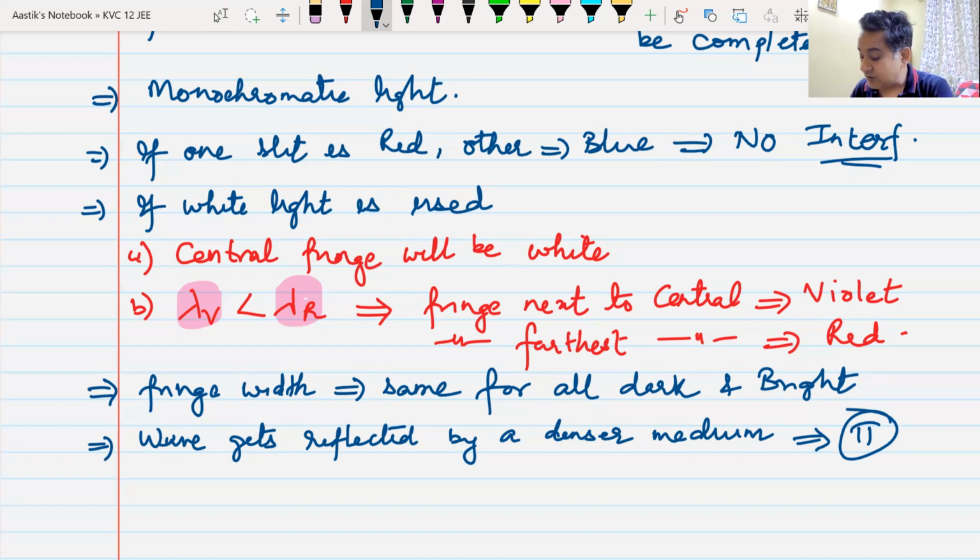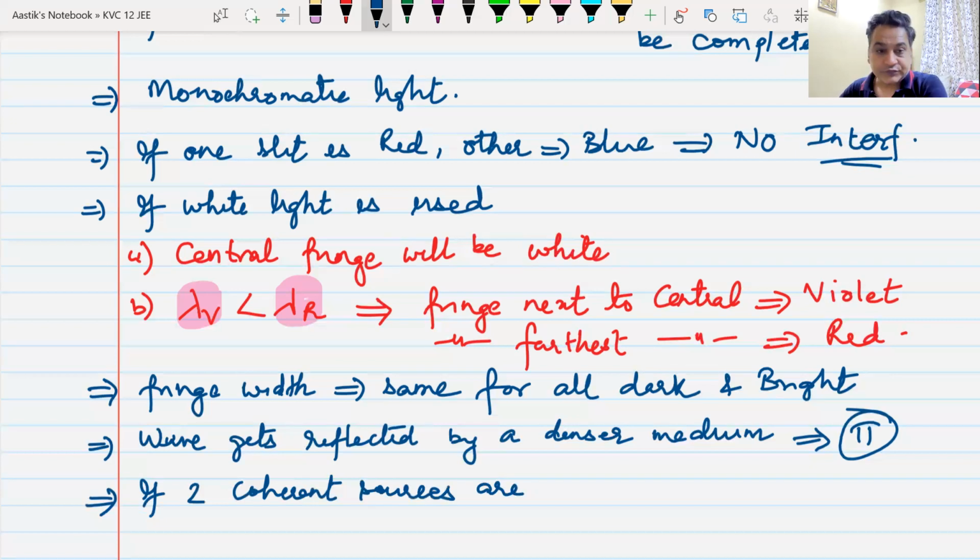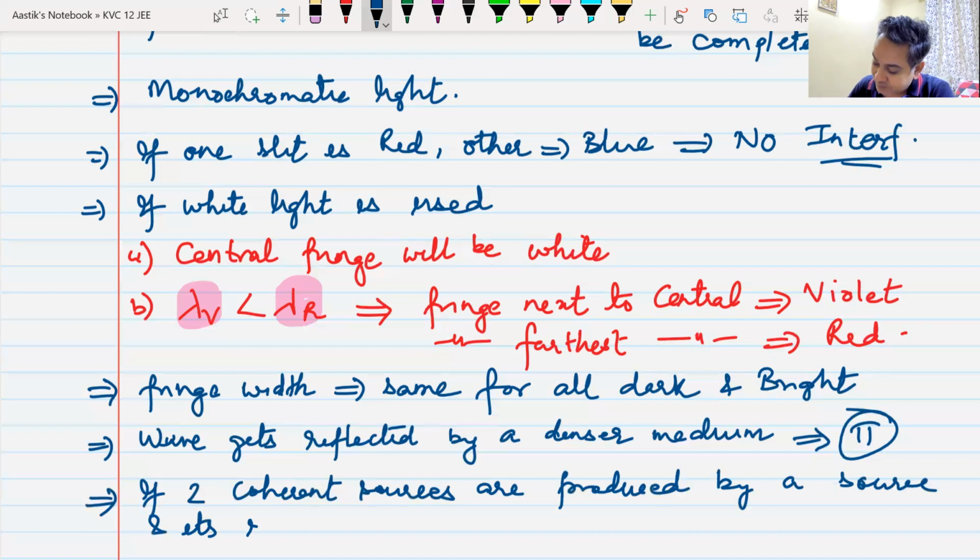This point concerns the reflection of this source. If two coherent sources are produced by a source and its reflected image, in that case, what will happen?